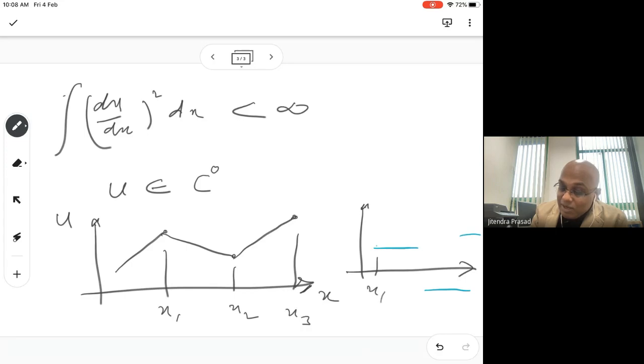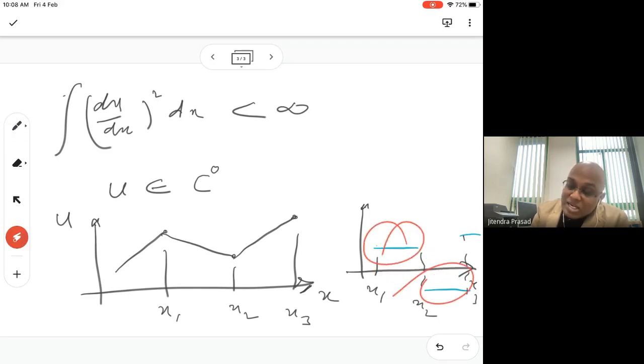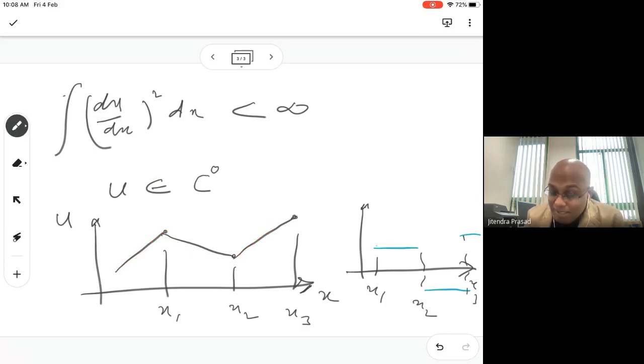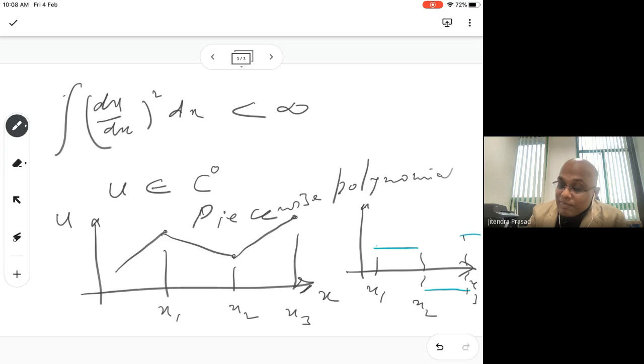But still you can square it and integrate it. As long as you can do it, you can take that u. So what it tells you is that a piecewise polynomial is one of the solutions.